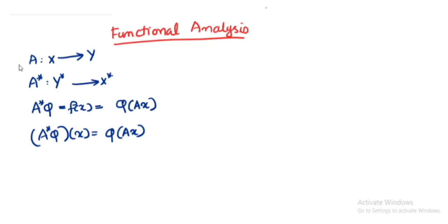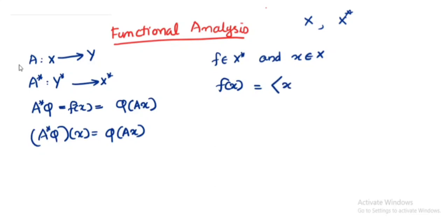Let X be any normed space and X star be its dual. For f belongs to X star and x belongs to X, we are changing the notation of f of x to this notation <x, f>, which looks like the notation of inner product.